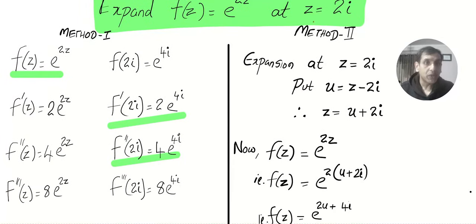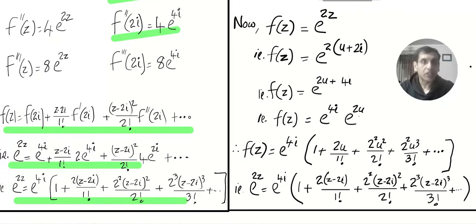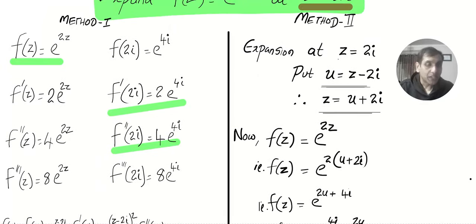So what we do is, we look at the point at which we have to expand. So z equal to 2i. And all you have to do is take this 2i to the left side, and put u equal to that and z equal to this much. And now we write the function. Once more I'll repeat. You look at the point at which we have to do the expansion.